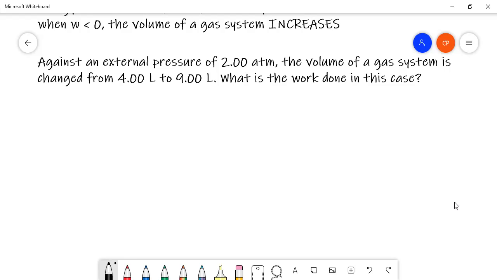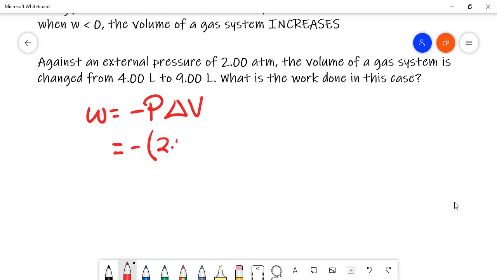Well, let's just use the equation. And the equation is actually straightforward enough to use right up front. W is equal to negative P times delta V. What's the P? Two atmospheres.